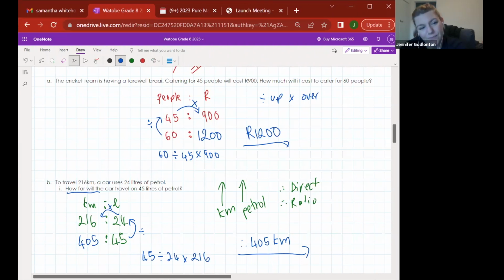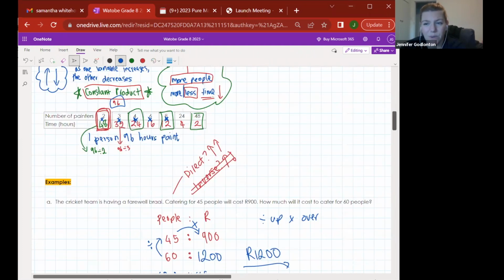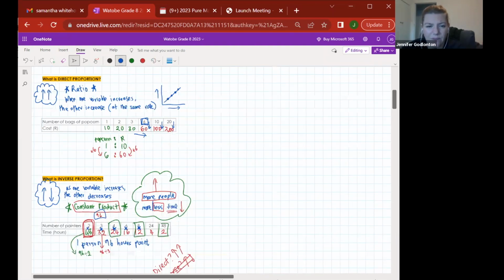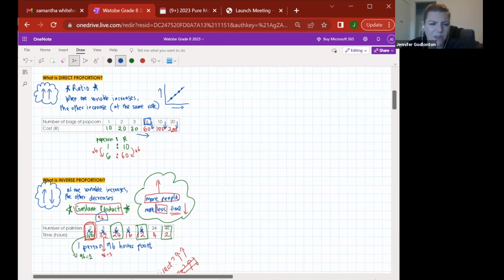All right, and to those who were having network issues, I'm just going to quickly scroll here for you. And let's see if we can get both of these in at the same time. That's looking at direct and inverse proportion. So for those of you who were struggling with your network earlier, you can take a screenshot of that.